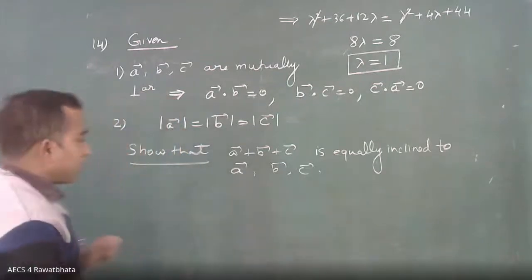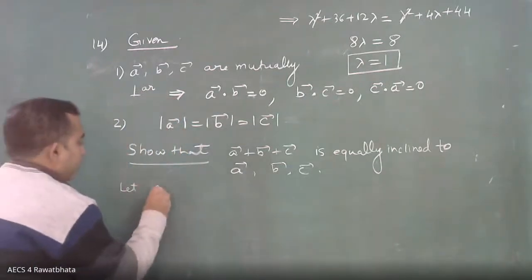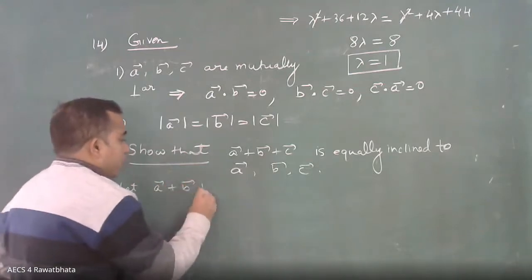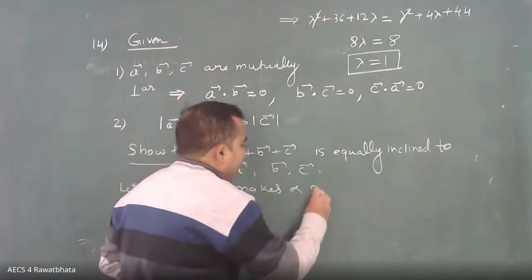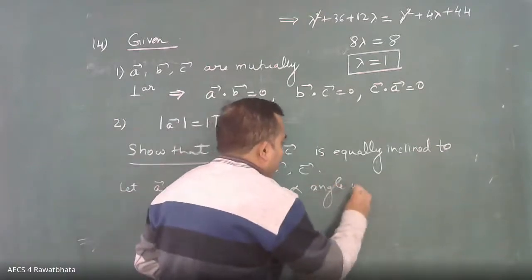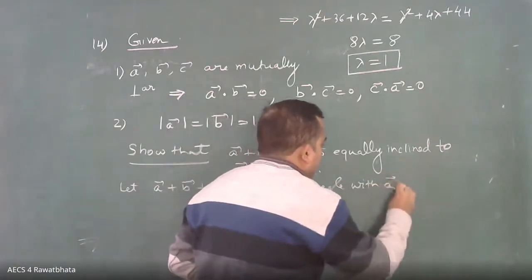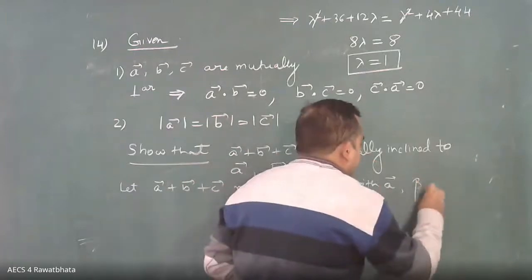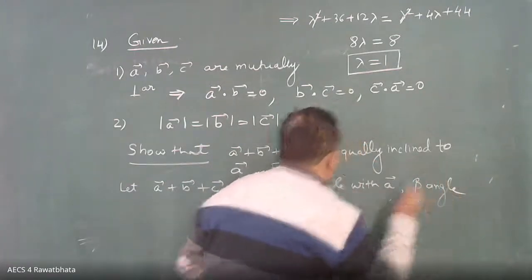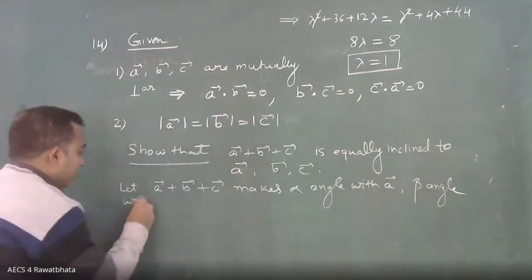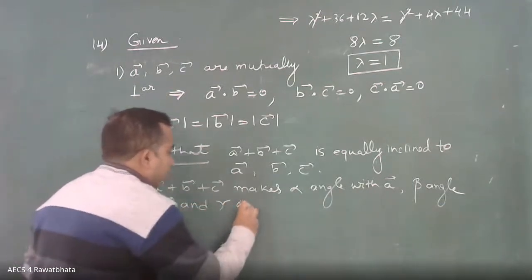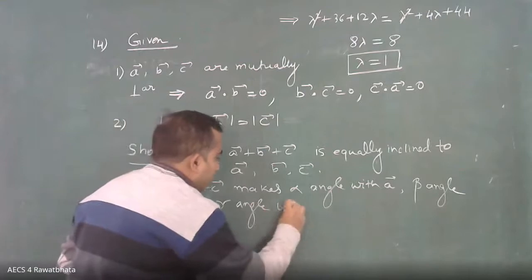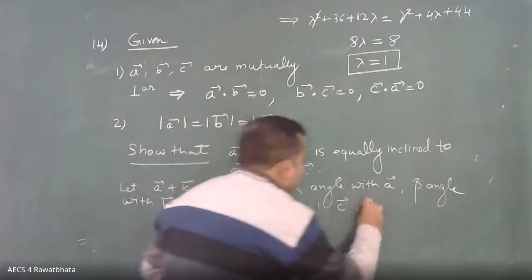So let us suppose A plus B plus C makes angle alpha with A vector, beta angle with B vector, and gamma angle with C vector respectively.